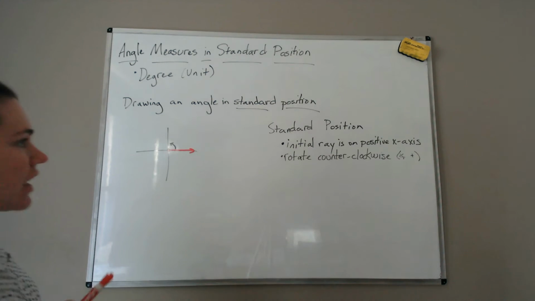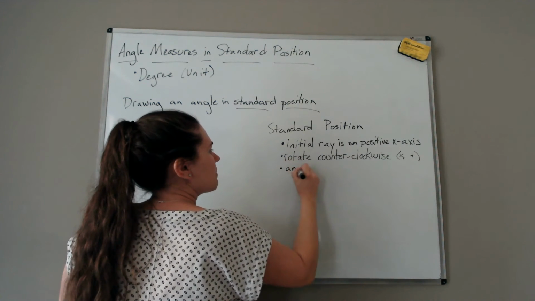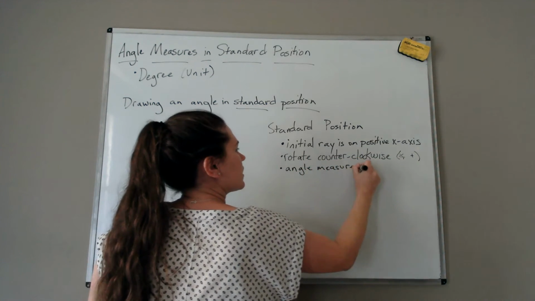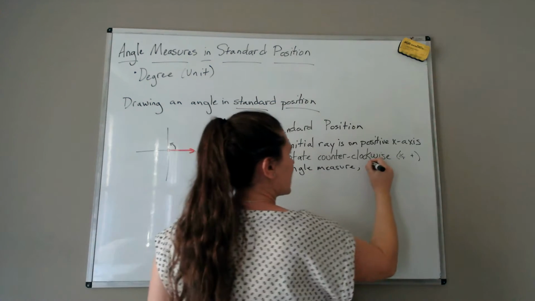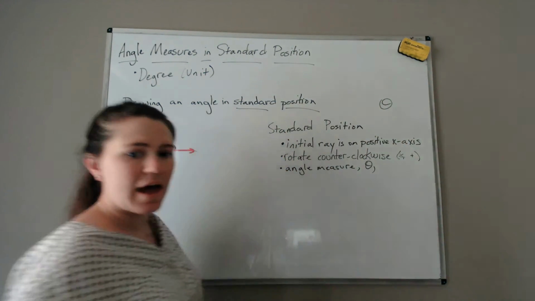The notation, the symbol that we use for the angle measure, is theta, the Greek letter theta. It's like a circle, and then you loop it back around like that.